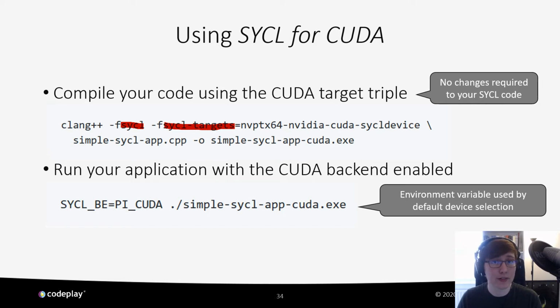The second of which tells the compiler that its kernel should be compiled down to a specific format. Because we are targeting CUDA, we want to compile to PTX, which is why we set this triple. Before we can run our application, we need to tell the SYCL runtime that we want it to dynamically load the CUDA backend, which is why we set the SYCL backend environment variable to PI CUDA.